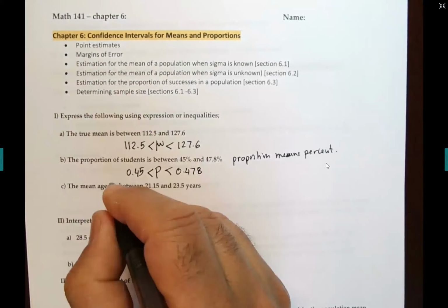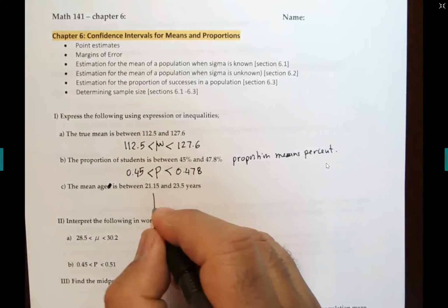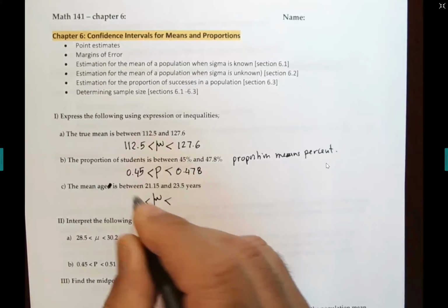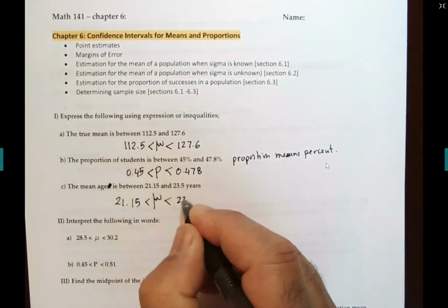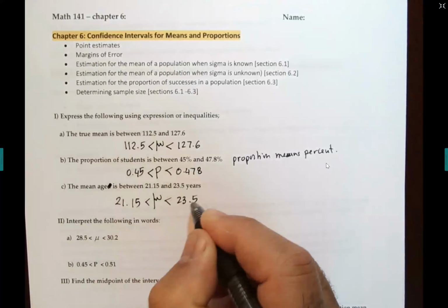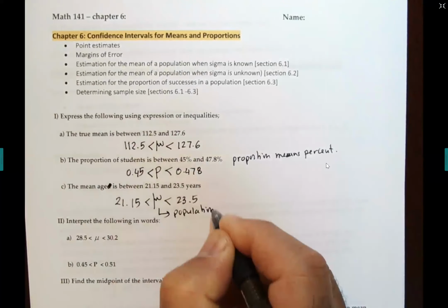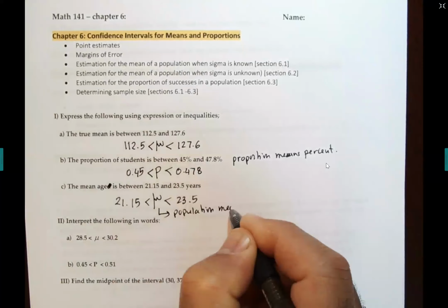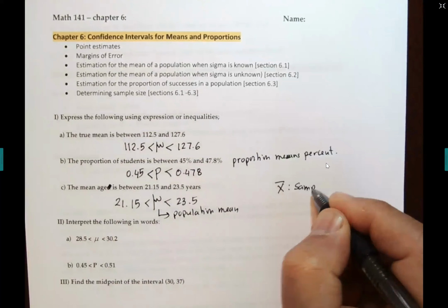Next one. The mean age is between 21.15 and 23.5. Mean, guys, this is the symbol, mu. This is population mean. And X bar, guys, is not a population mean, it's a sample mean.